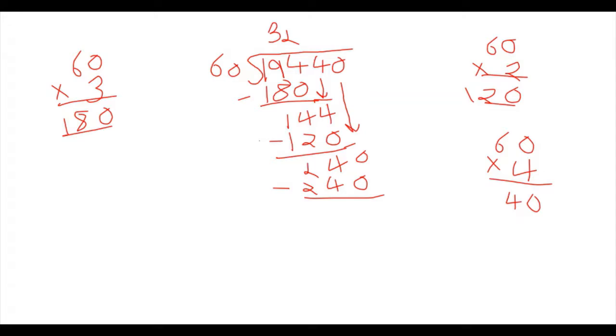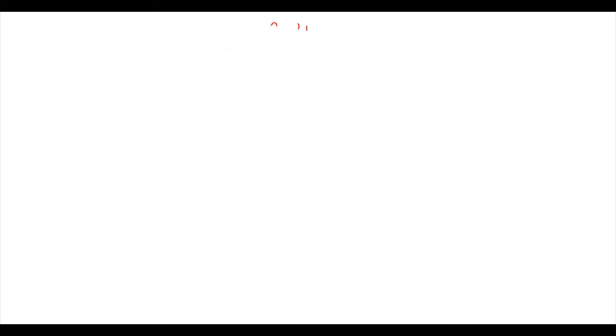So let's write that here. That means we will get 0. So answer over here 240 goes how many times? 4 times. So what do we get? 324. That means 19,440 divided by 60 will give us 324.